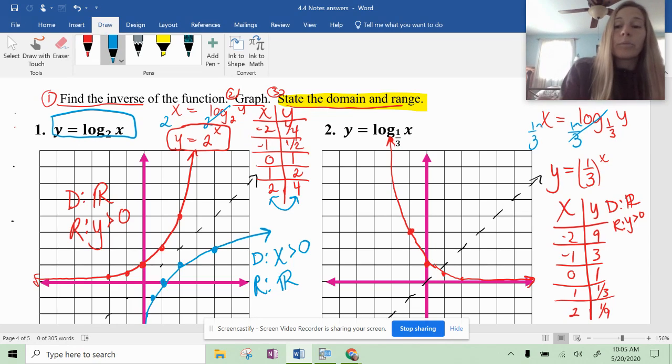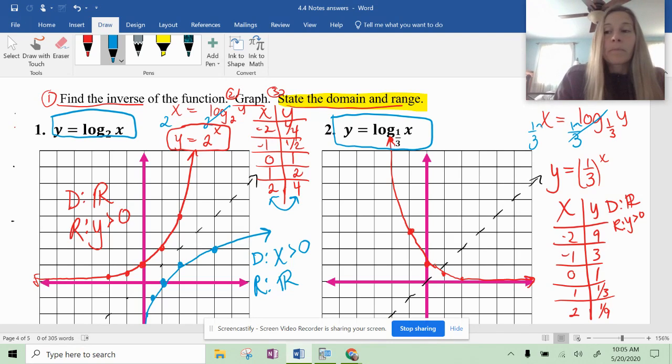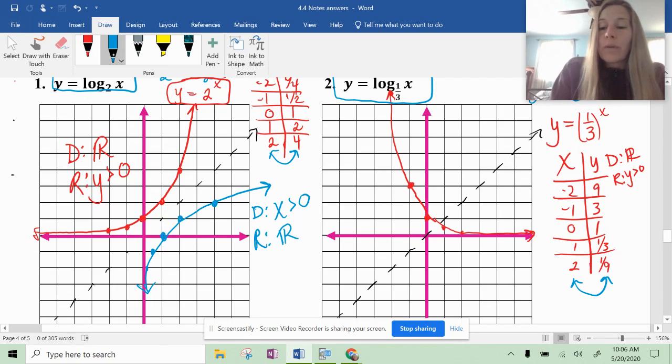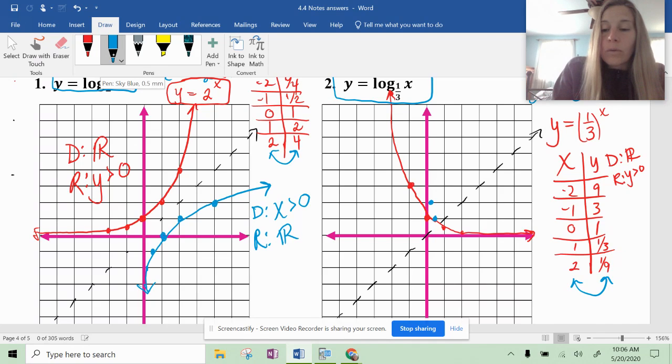Okay, so now in the blue, I'm going to do this log function, and really, all I have to do is plot these same values, but in reverse. So if I go over 1/9 and up 2, over 1/3 and up 1, over 1 to 0, 3, -1, and then 9, -2, it's kind of off the graph.